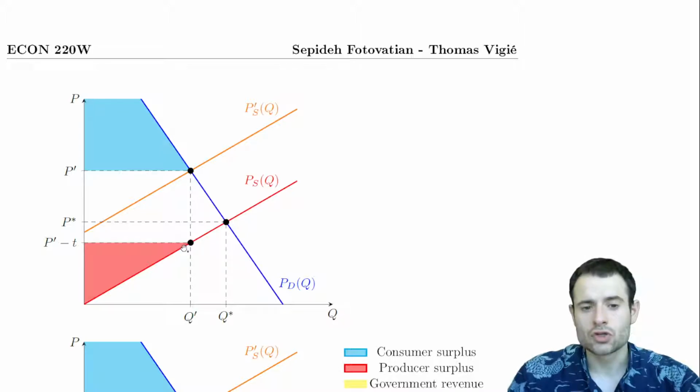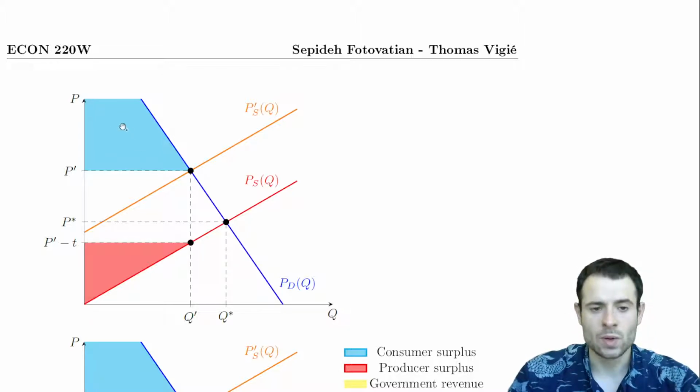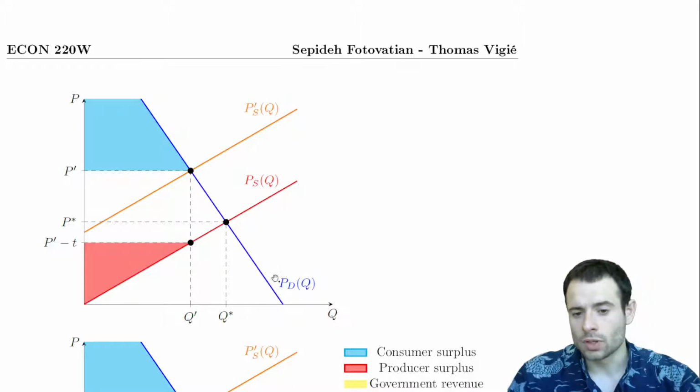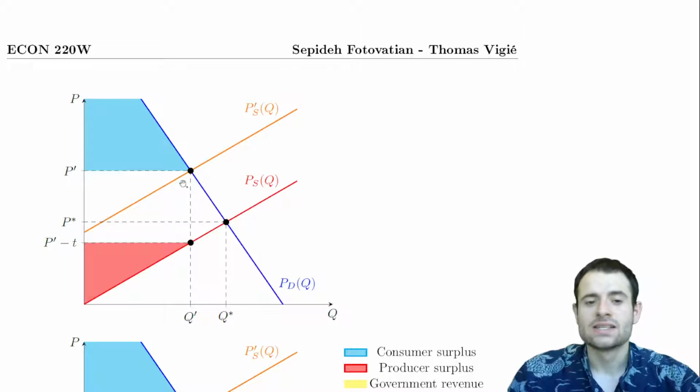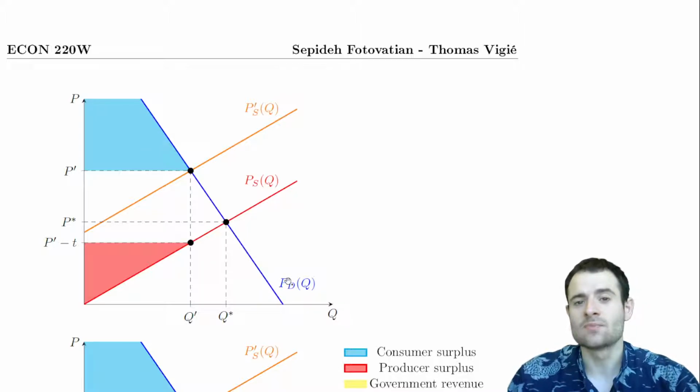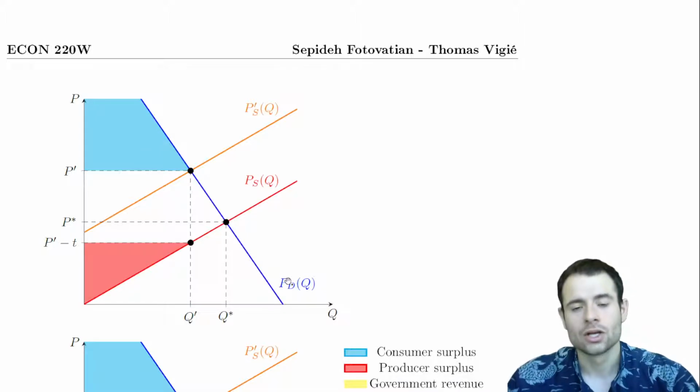The surplus of the consumer is going to be this blue area. The surplus of the producer is going to be this red area. Note that here the demand is steeper than the supply, which means it is more inelastic than the supply.